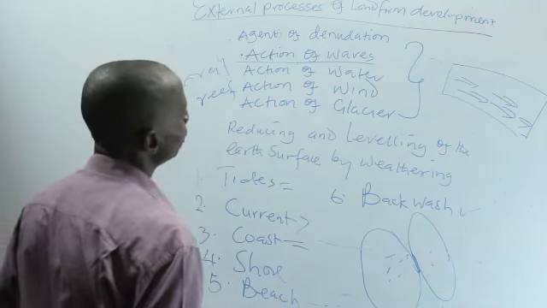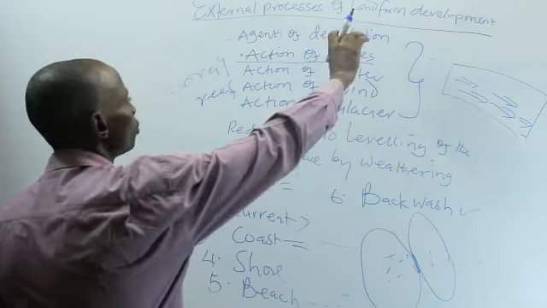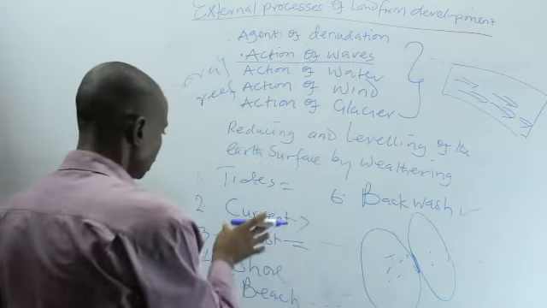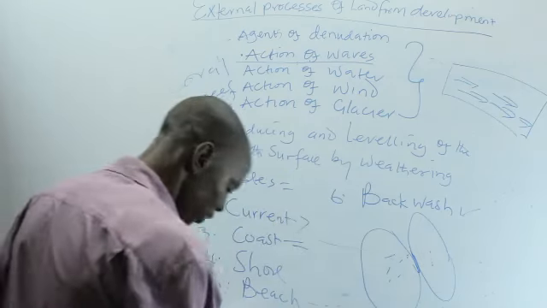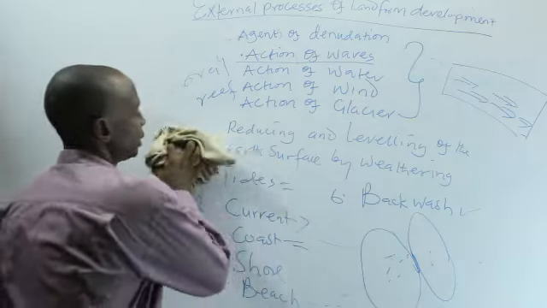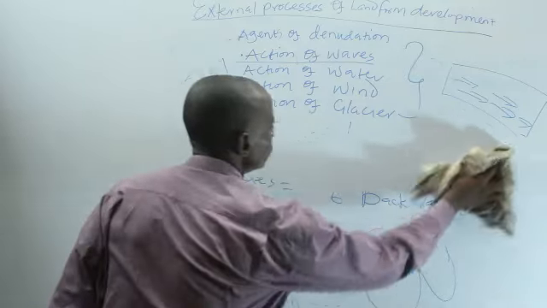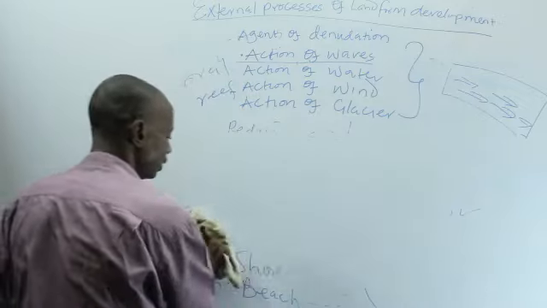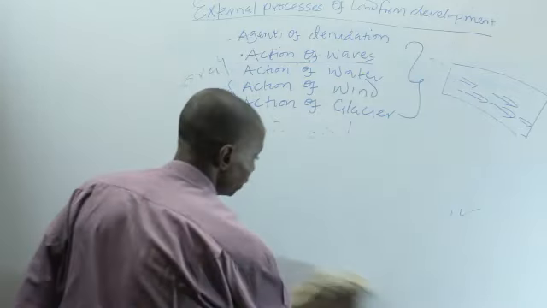Now, having known the action of waves and some of the terms associated with it, let's look at the process of waves transporting their material from one place to another.